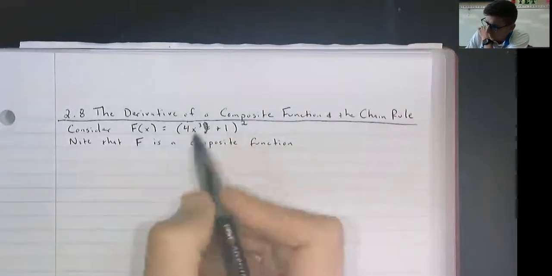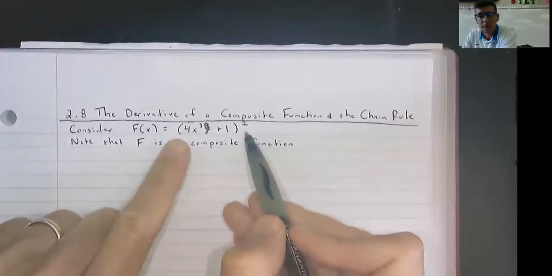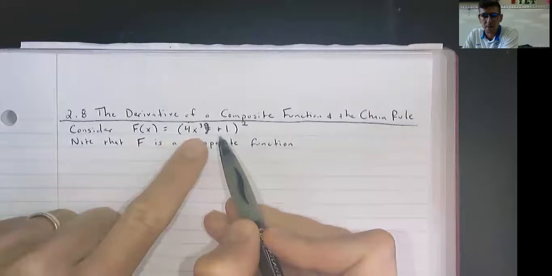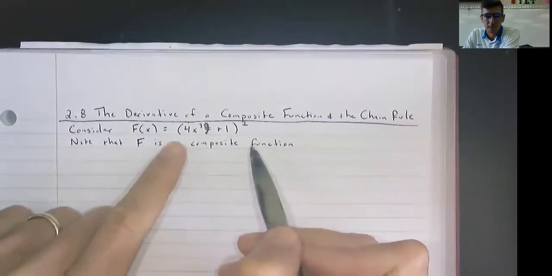But what we really have here is an x squared function, the quadratic function, but then we've shoved in this nasty looking cubic inside of it. Hopefully you all see that.